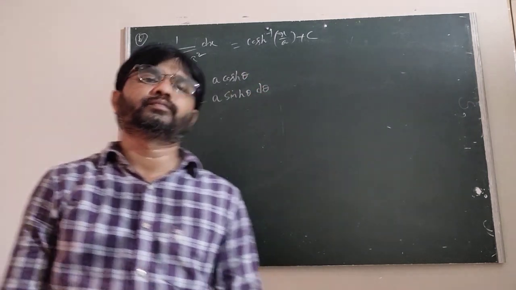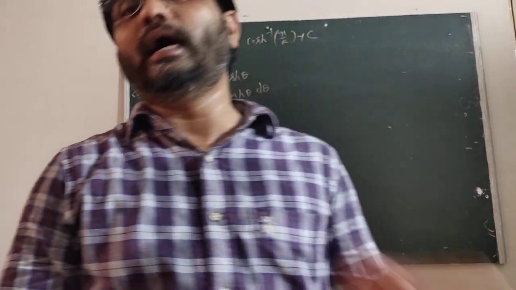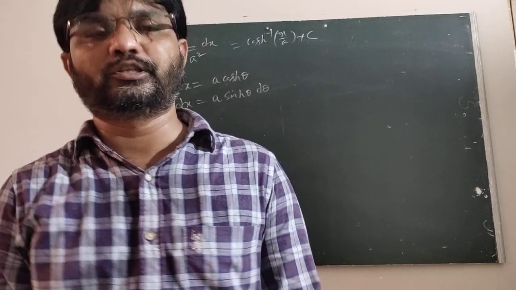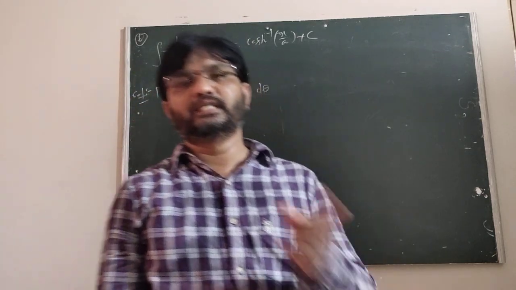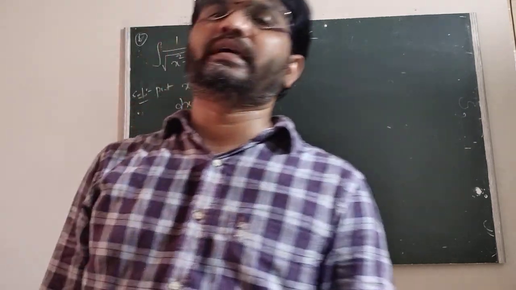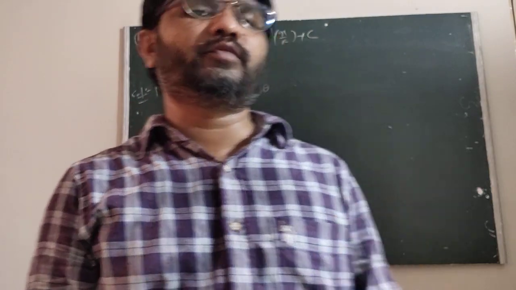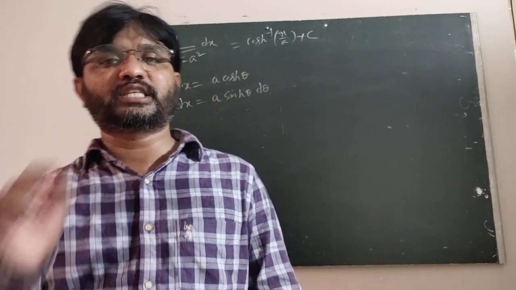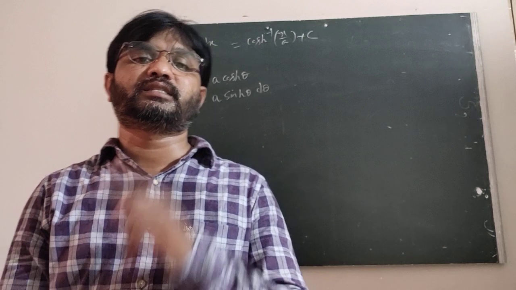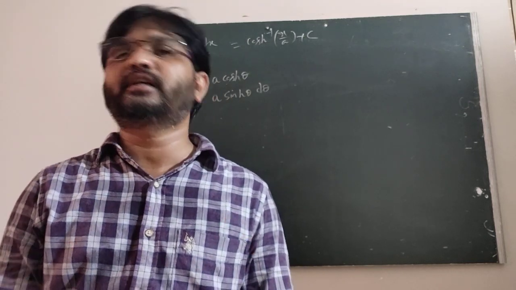So we are thinking about the trigonometric ratios and the hyperbolic functions. For the trigonometric ratios, the derivative of sin x is cos x, and the derivative of cos x is minus sin x. But in the hyperbolic functions, the derivative of sin hx is cos hx and the derivative of cos hx is sin hx only, not a negative sign.